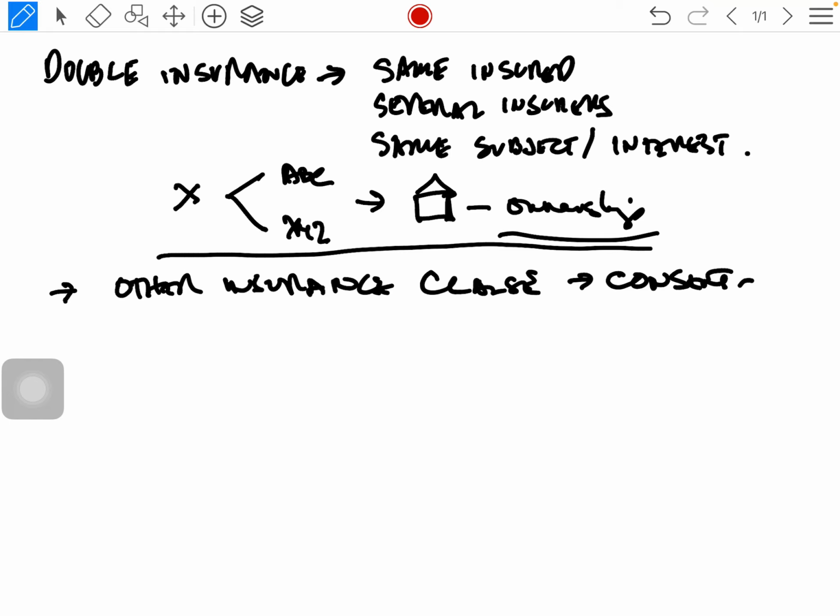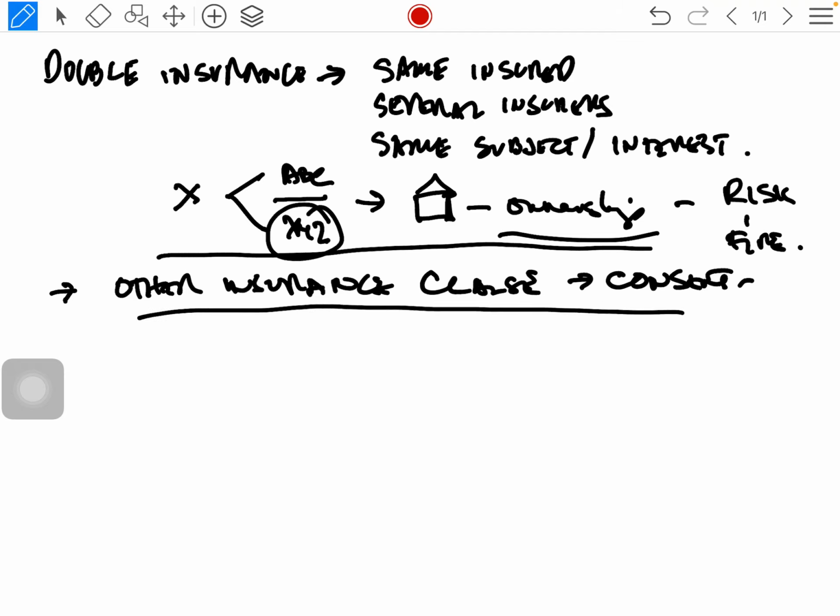So for example, X is originally insured by ABC over his house, and the risk is fire. He wants to obtain additional insurance from XYZ. Can he do so? He can insure the same house against the same risk with XYZ.